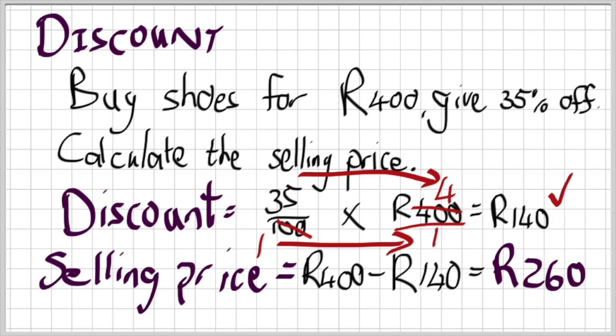Discount as a business owner is not necessarily what you want to do. But you will realize I use but a lot in this one. But it's not always a bad thing.